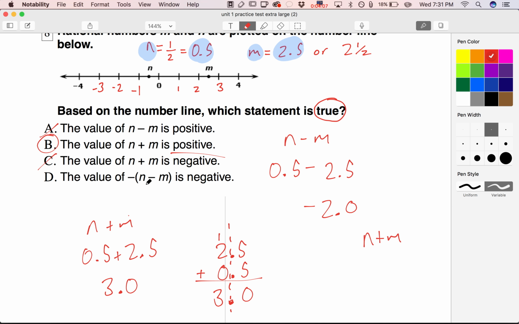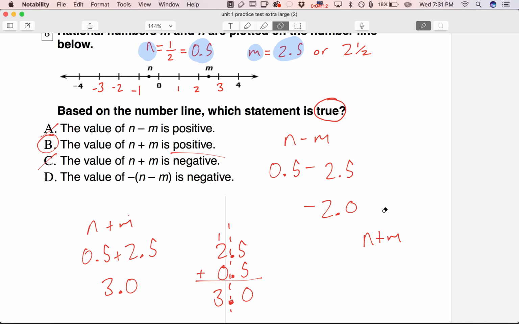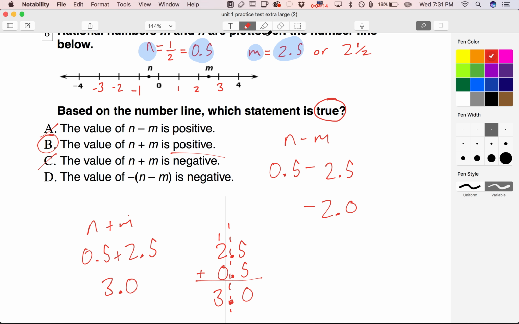Now, what about the value of negative n minus m? There are two ways to figure this last one out. Either you could plug in the n and the m, so you could do negative 0.5 minus 2.5 and work it out like that.